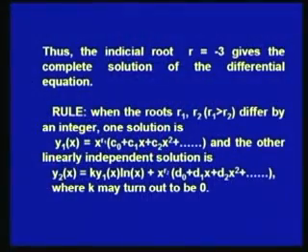Thus for dealing with the differential equations where the roots of the indicial equation differ by an integer, one solution will be x to the power r1 into (C0 plus C1 x plus C2 x square and so on), while the other solution could be k times y1 of x into ln x plus x to the power r2 into (d0 plus d1 x plus d2 x square and so on), where k may turn out to be 0.